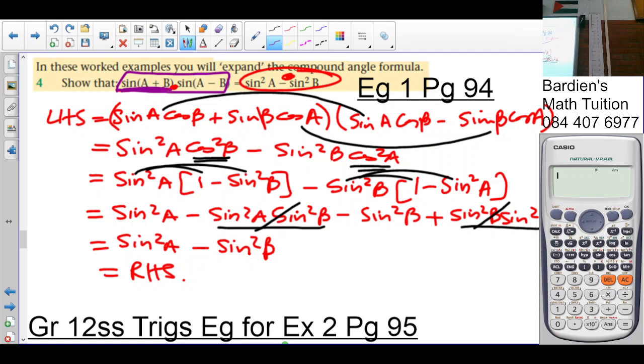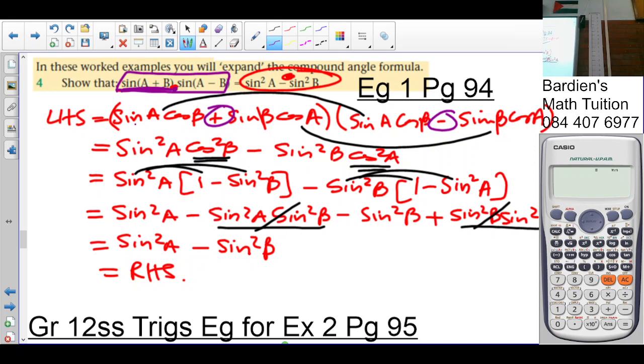So what we do is we expand sine A plus B, which becomes sine A cos B plus sine B cos A. Why must it be multiplied? Because there is a multiplication sign between them. Sine A minus B can be written as sine A cos B minus sine B cos A. As you can notice, it's a conjugate pair, so I multiply the first and the last.